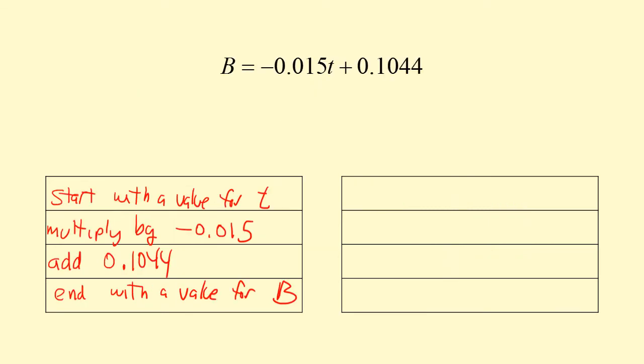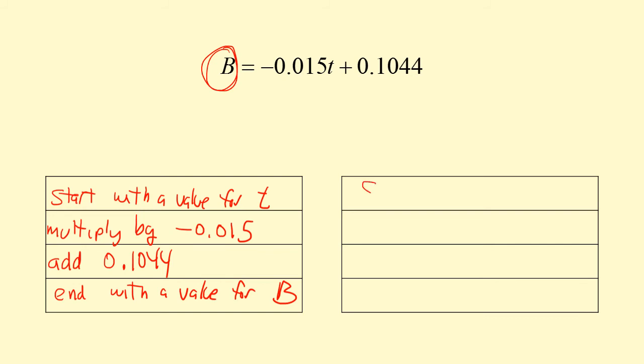All right, so here is our formula again, and here are the steps we took when we plugged in a value. But if you take a look at number 5, it asks, how long will it take for this student's blood alcohol content to be 0.08, the legal limit? So the difference here is they're giving us a value for B. We have the answer already.